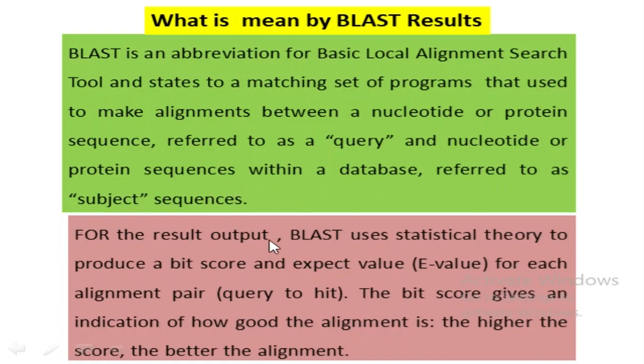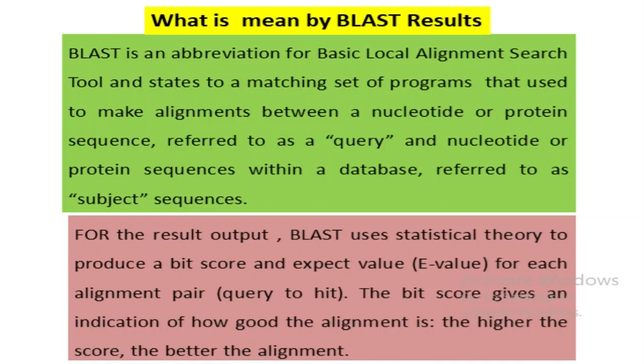For the result output, BLAST uses statistical theory to produce a bit score and an expect value, also called the e-value, for each alignment pair, query to hit. The bit score gives an indication of how good the alignment is. So the higher the score, the better the alignment.